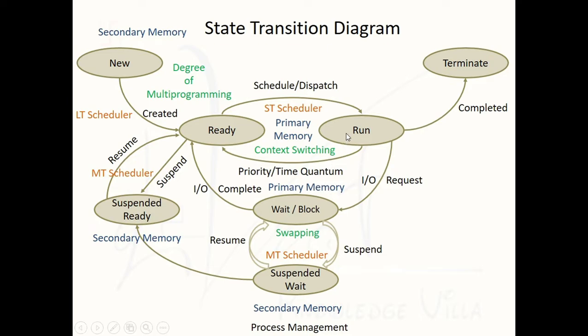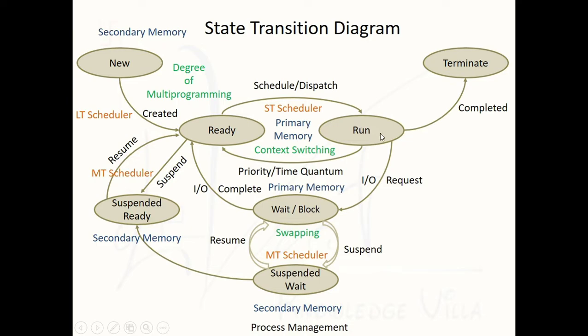So if one process is already in execution and that process is completed or terminated, then a new process from the ready state can get the CPU. It is the first condition. The second possibility: the running process requires the IO devices and goes from run to wait state, so the remaining processes waiting in the ready state can get the CPU.